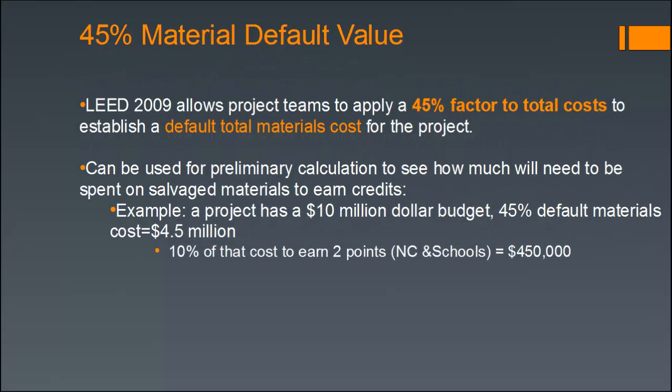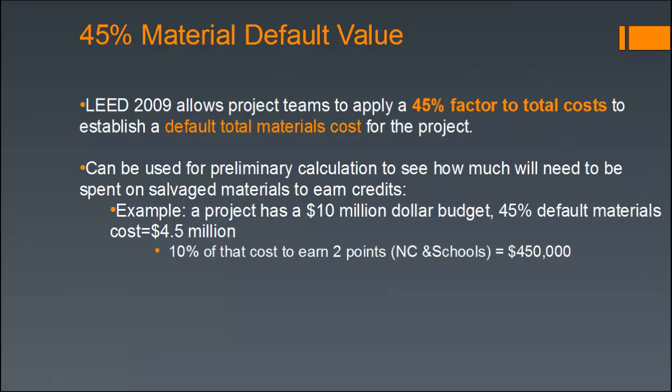For calculations in the Materials and Resources category, multiple credits can be affected by the total material cost calculation. So it's important to understand this 45% material default value. So it's 45% of the total construction costs. This can be used for preliminary calculations before you know the total costs of the materials.